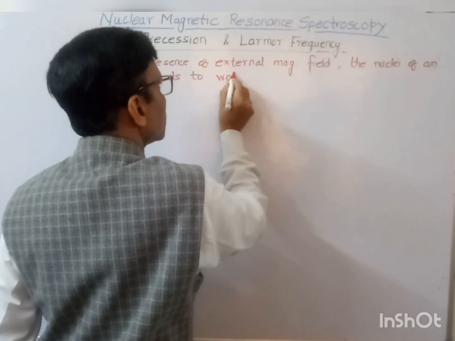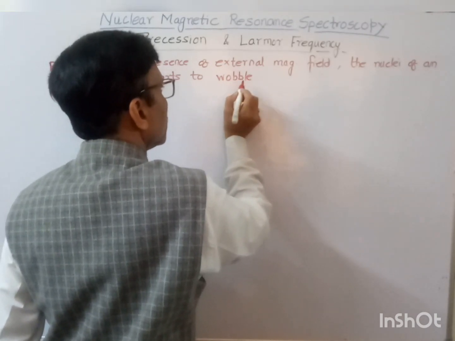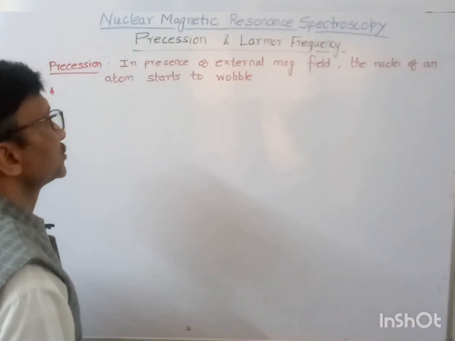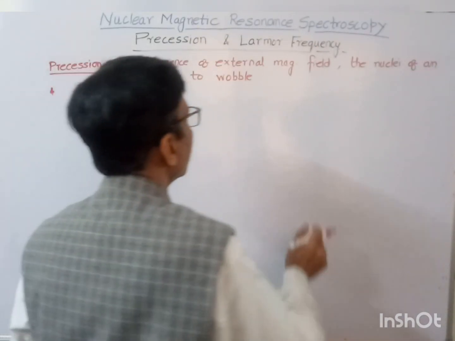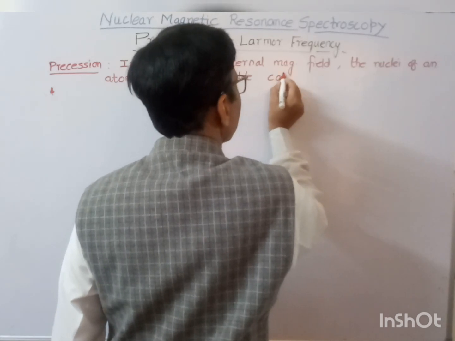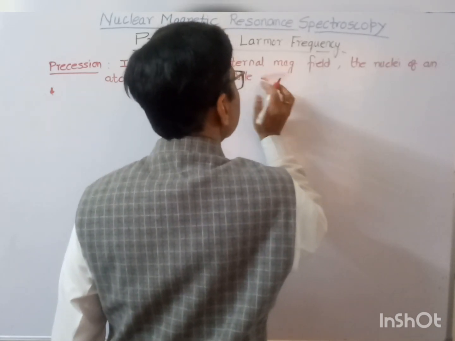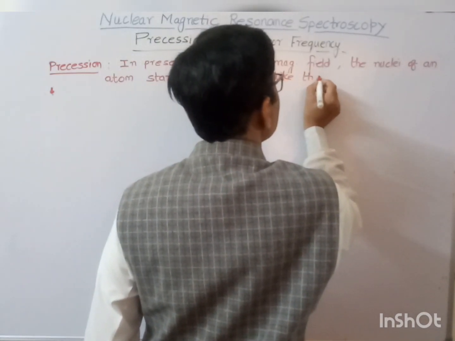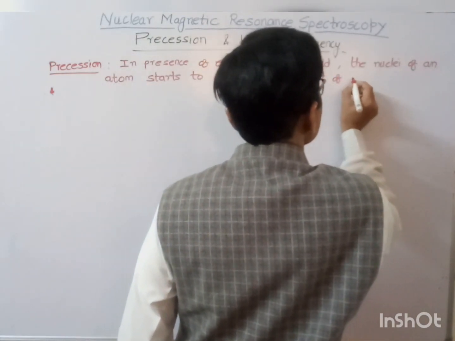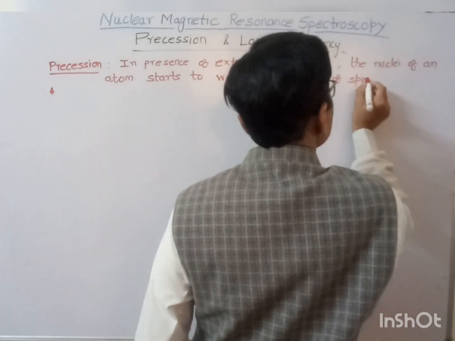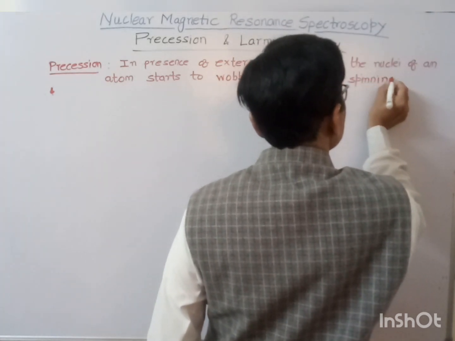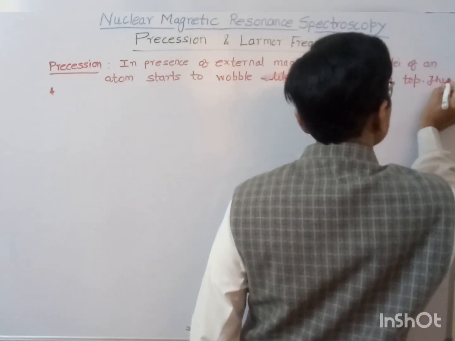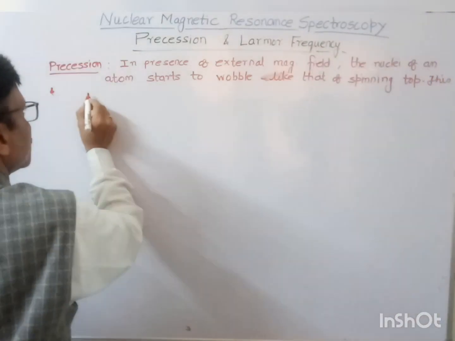Wobble is the correct word. In presence of an external magnetic field, the nuclei of an atom starts to wobble like that of a spinning top, and this is called precession.